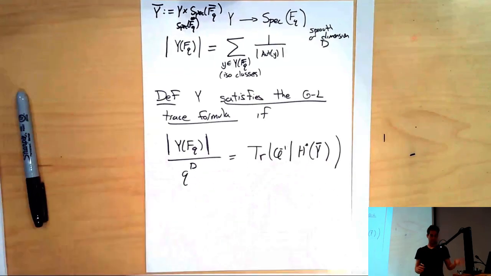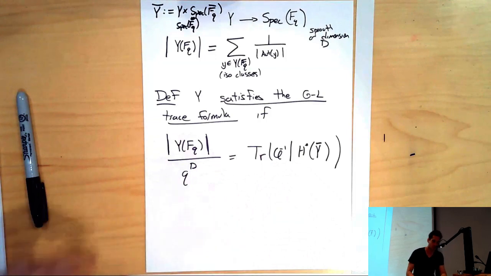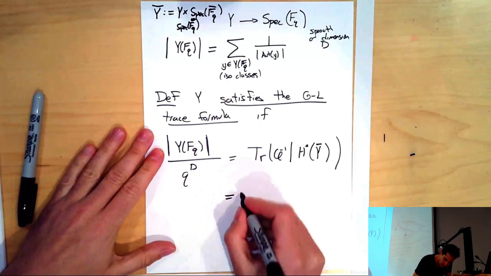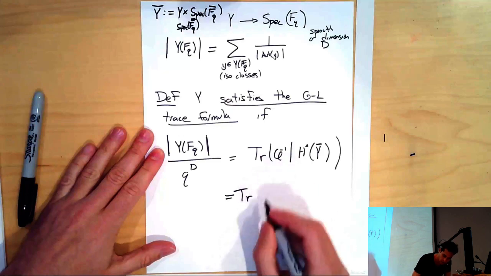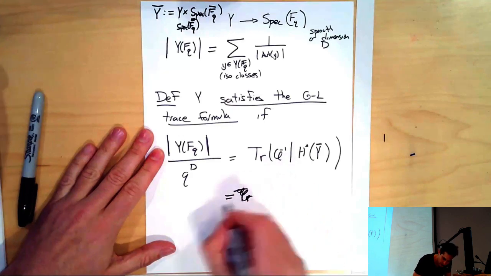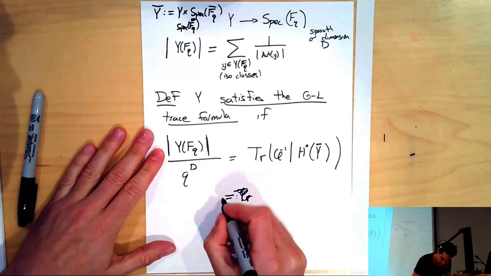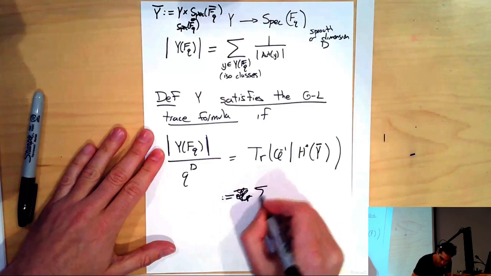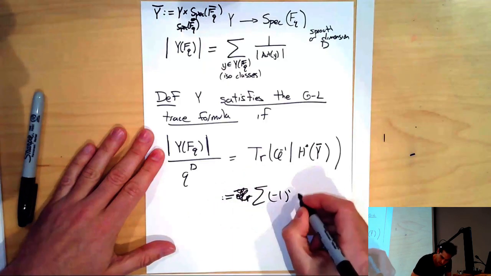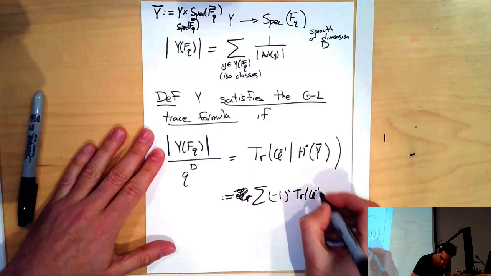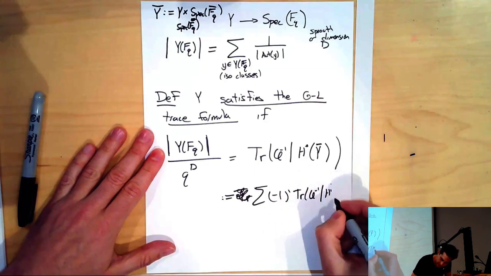Okay, so you can then talk about the L-adic cohomology of Y bar. This is some vector space over QL with some automorphism called the Frobenius. And you can contemplate the trace of the inverse Frobenius, which by definition means you take the alternating sum of the trace of Frobenius inverse on the individual cohomology groups.